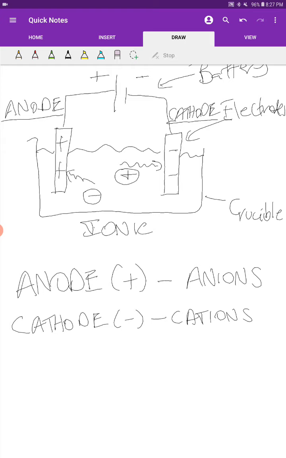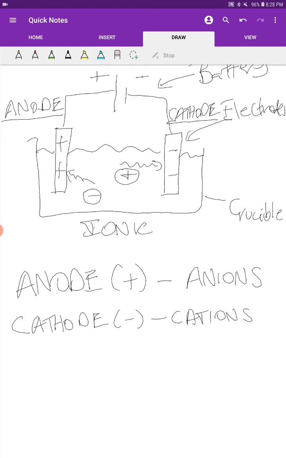Okay? When an ion moves to its respective electrode, it becomes discharged, meaning that it loses its charge. Okay? When ions become discharged, they form atoms. So we're going to run through a little example in a while, and hopefully that will make everything a bit clearer.